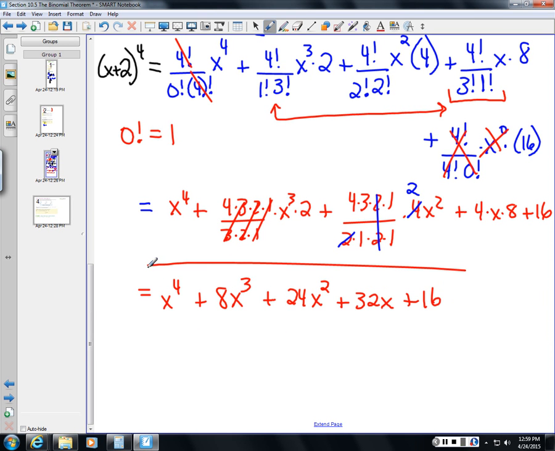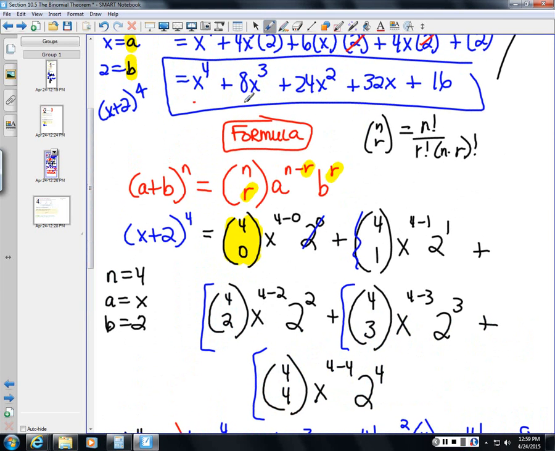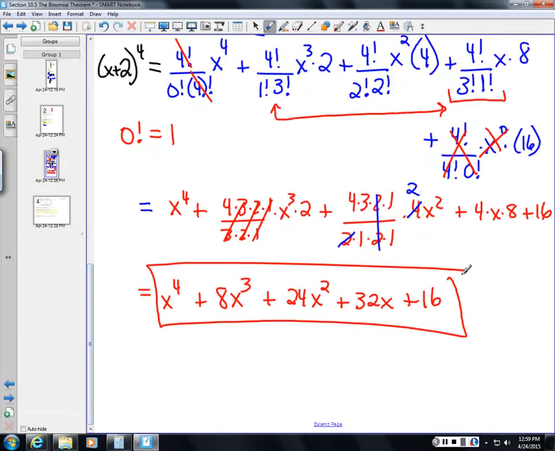And if you take that answer and compare it to what we just got, we got the same thing: x to the 4th, 8x cubed, 24x squared, 32x, and 16. And that is how you use that formula for binomial expansion.